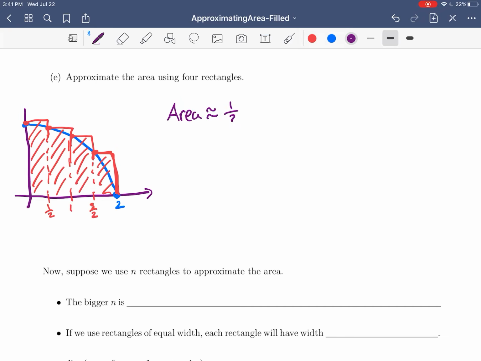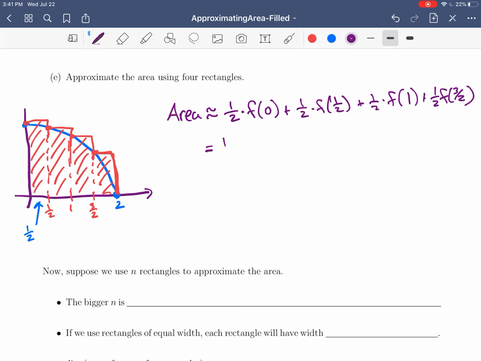So it's 1/2 times, so now the width is less. It's not 1 anymore. Each of these is 1/2, right? Because we split the width 2 into 4 pieces. So it's 1/2 times f of 0 plus 1/2 times f of 1/2 plus 1/2 times f of 1 plus 1/2 times f of 3/2.